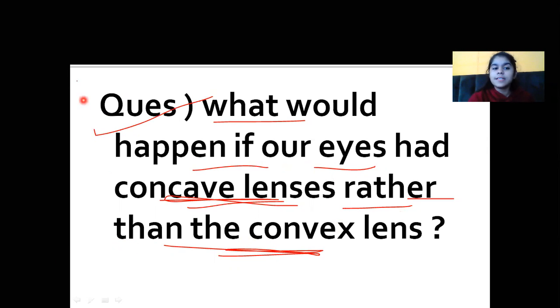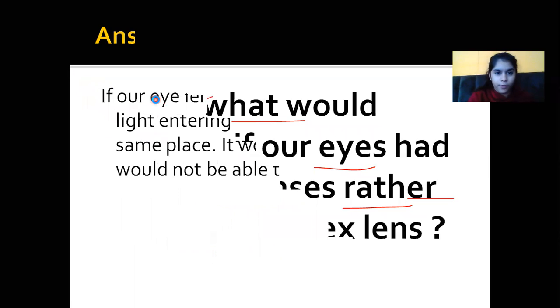This is your homework question that you will answer in the comments. I will not tell you right now. I will tell in my next video what would happen if our eyes had a concave lens rather than a convex lens. I taught you the difference between a convex lens and a concave lens. Now apply your brain and solve it.